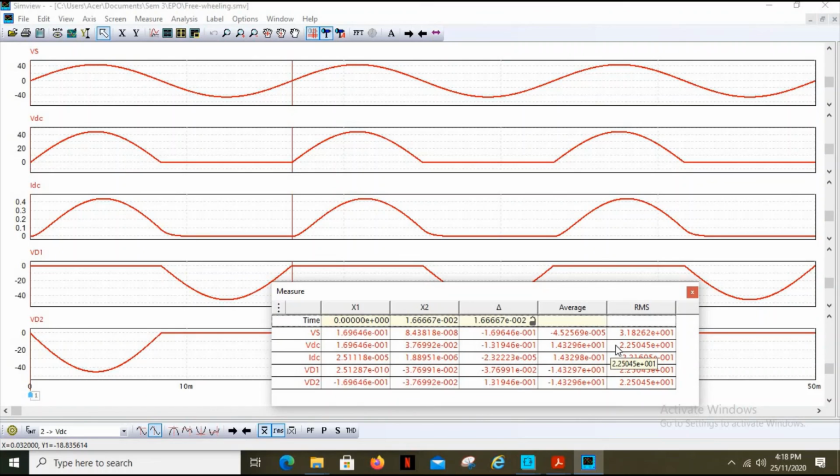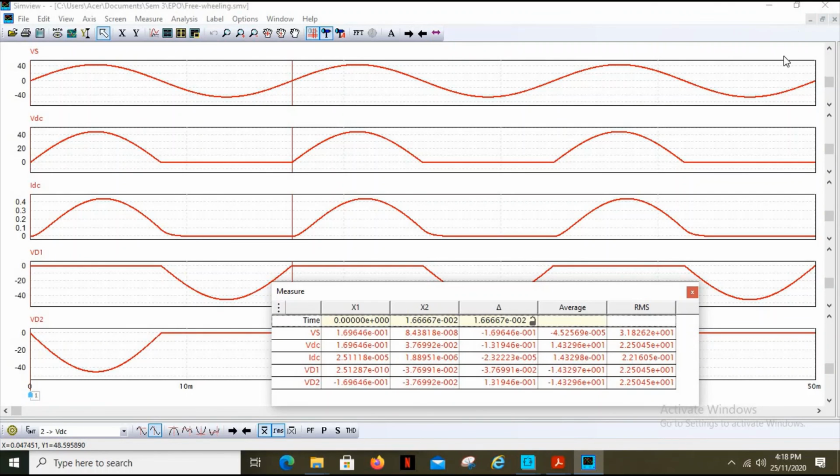For VRMS, I got 22.5. For IRMS, I got 0.221.